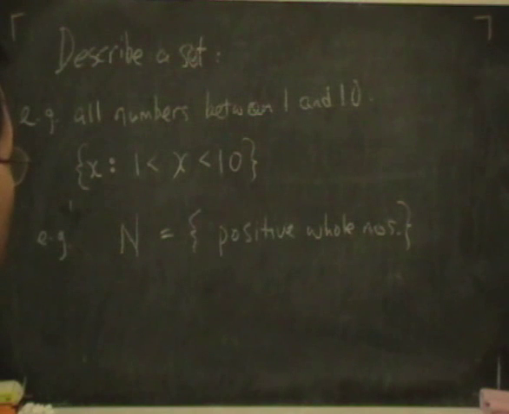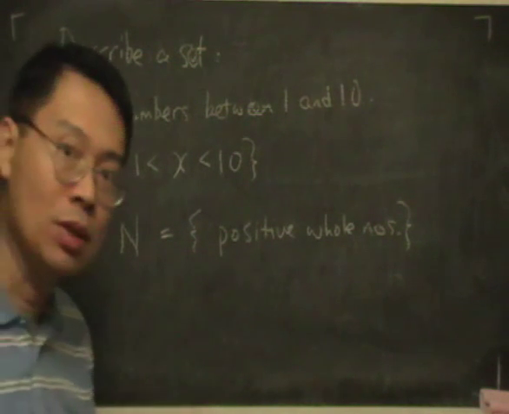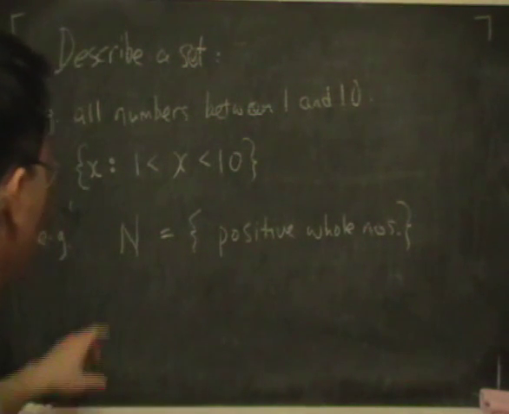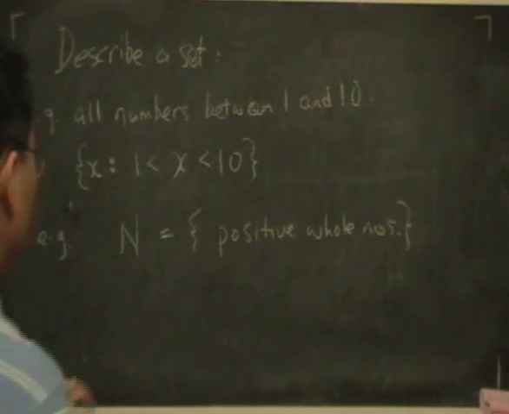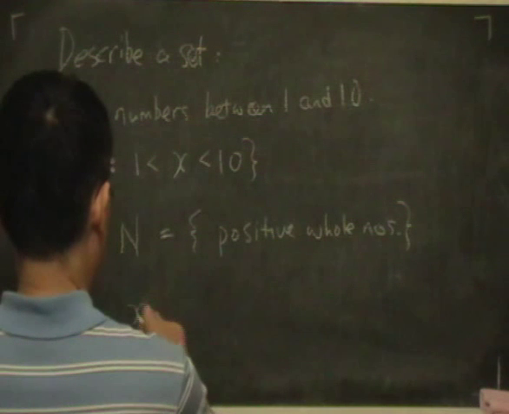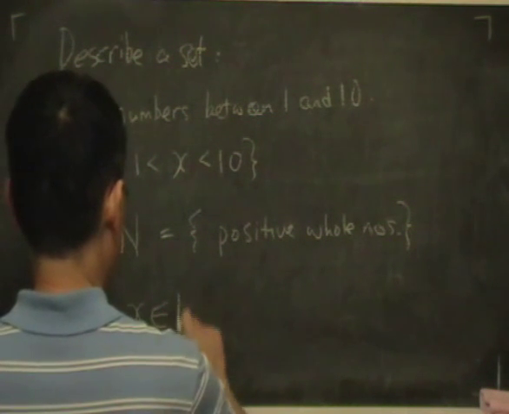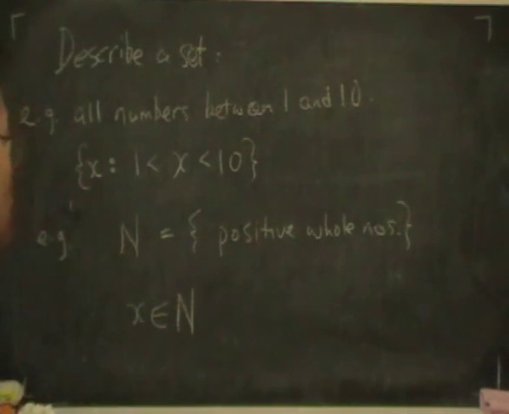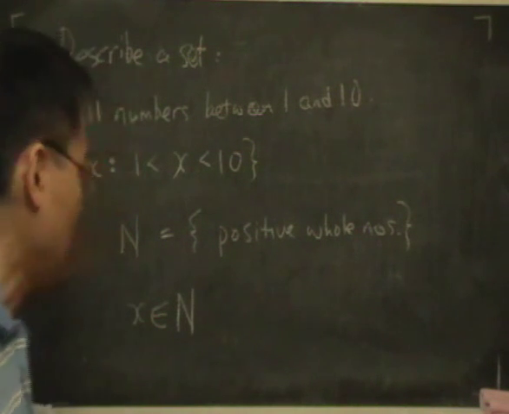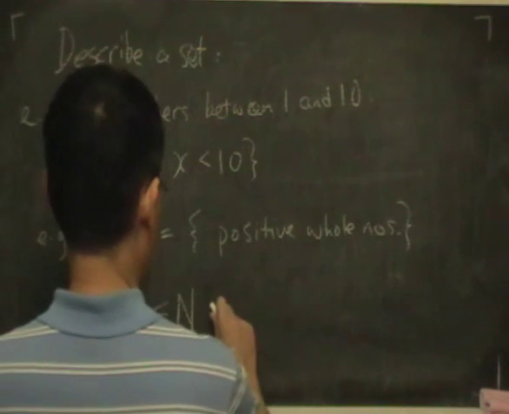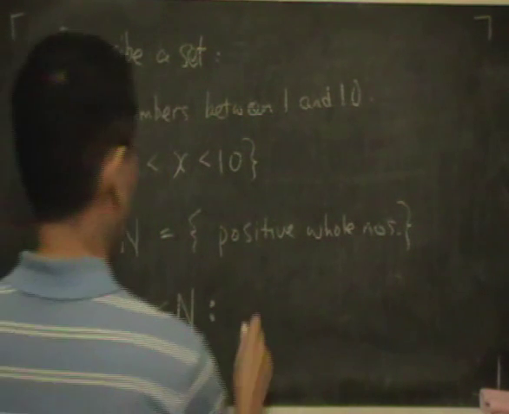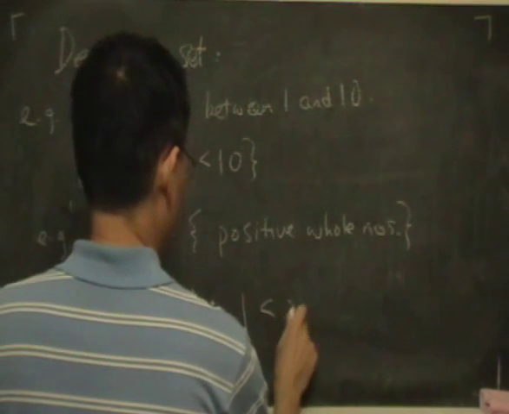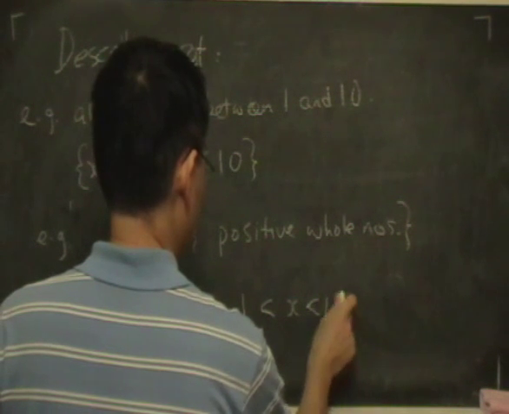The way that I would describe this is to say X is an element of N, and if it is also between 1 and 10, I would then write a colon after that and then 1 less than X less than 10.